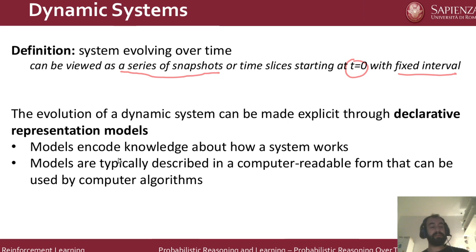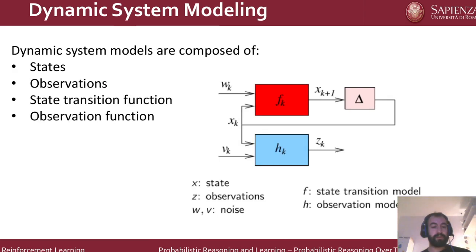As you're noticing, I'm talking about transitions between states, exactly because a dynamic system is composed of states, observations, a state transition function, and an observation function. So what are these things?